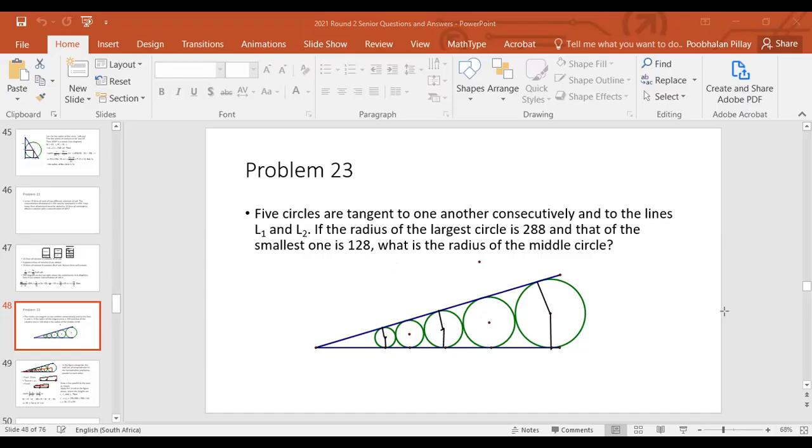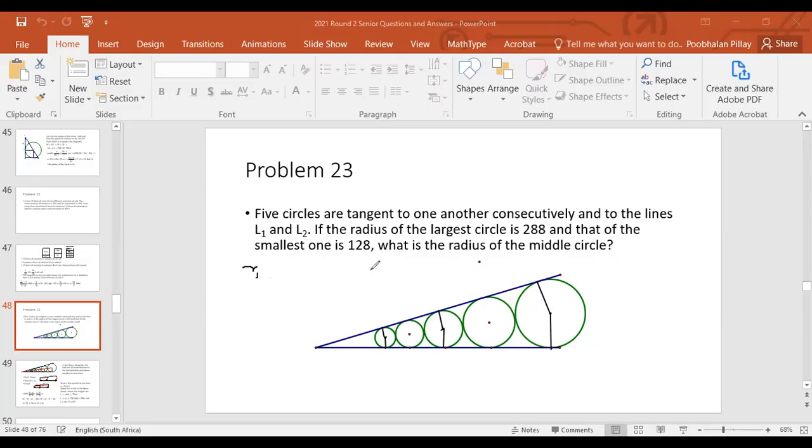It took me a very long time, and I had to develop a formula for this. So I'm going to do that, because it's quite clear that we have to move from one circle to the other. So I'm going to give names to the various radii. I'm going to call the smallest radius R1, the next one R2, R3, R4, R5.